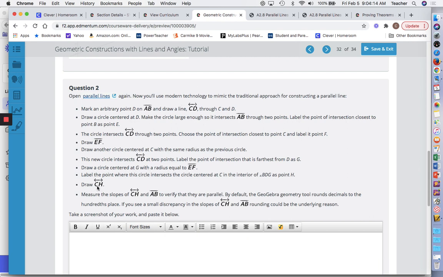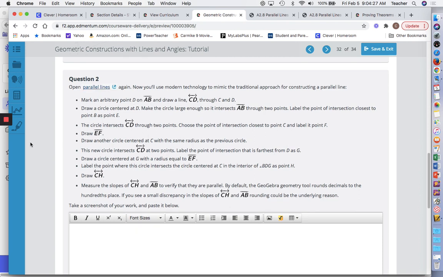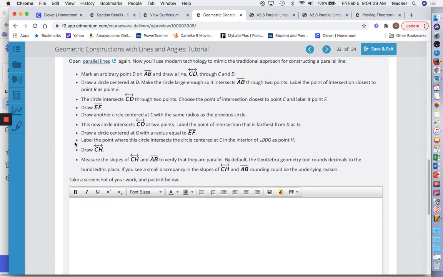Okay. Draw line CH. So I've got to draw a line. So I'm going to come over here and click on line from C to H. This is complicated. All right, so it says measure the slopes of CH and AB to verify that they are parallel.